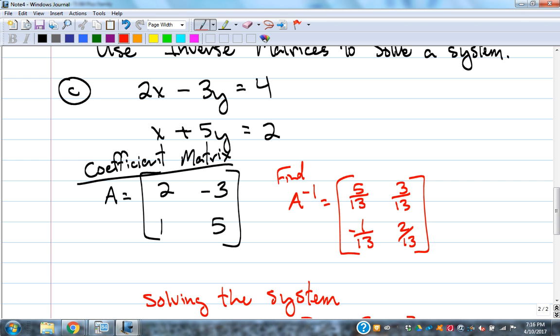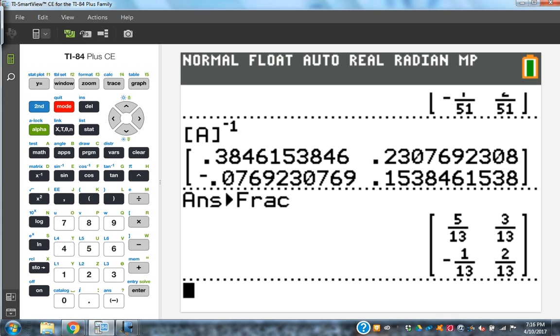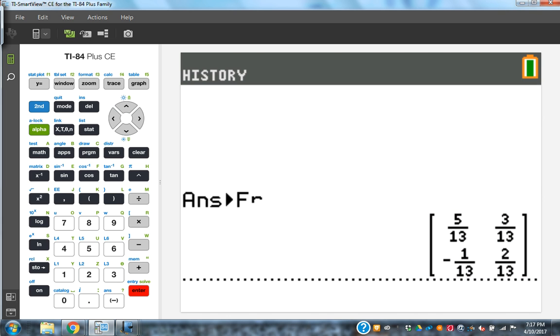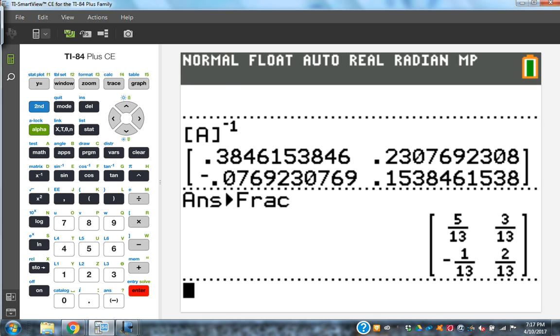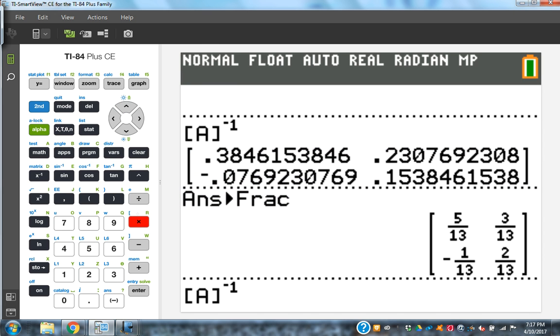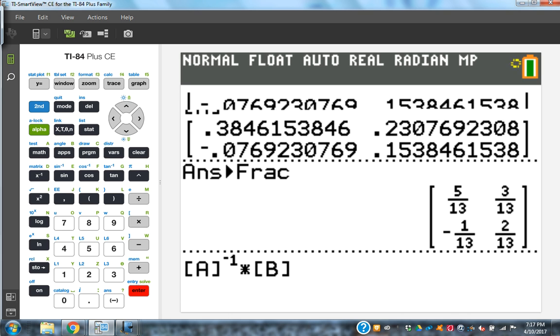Okay. Now I'm going to use the inverse that I found already. So I'm on the regular calculator screen. This matrix right here is the inverse. So I'm going to grab that command, A inverse times that matrix B. So I'm going to grab matrix B, that 2 by 1.